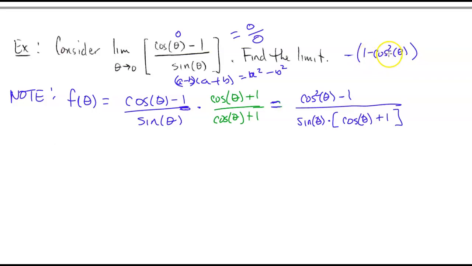And of course, 1 minus cosine squared theta is the same as sine squared theta. So all of this is just a minus sine squared theta.